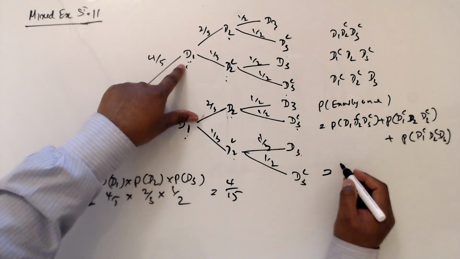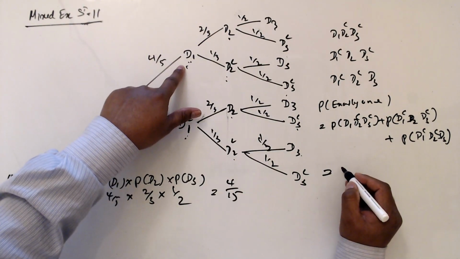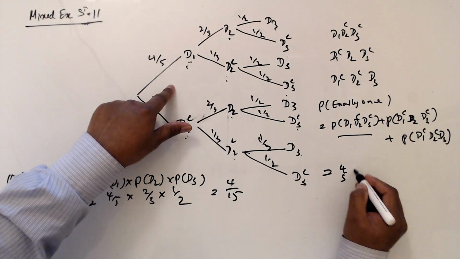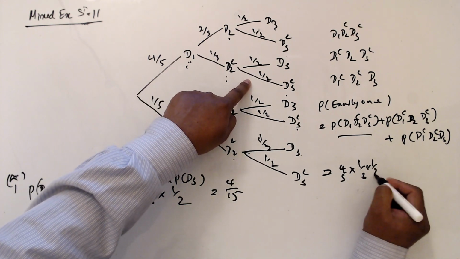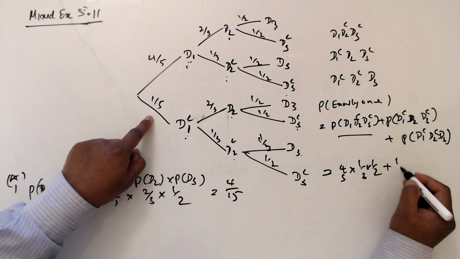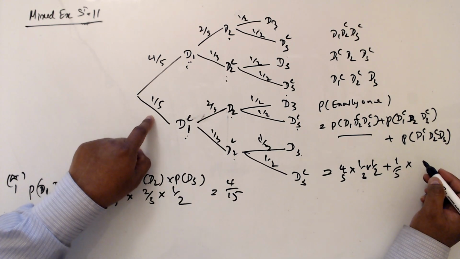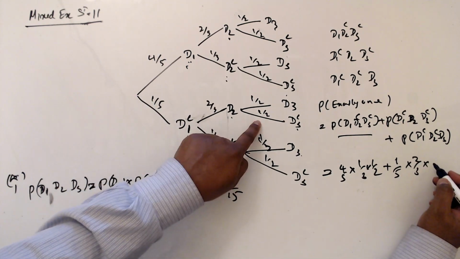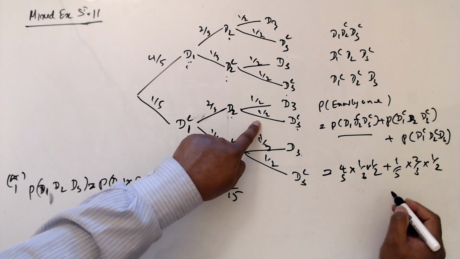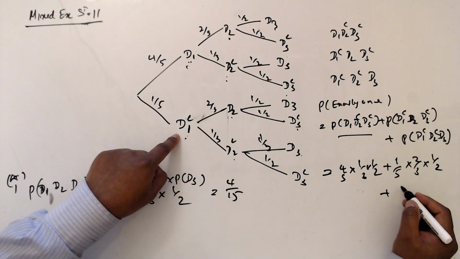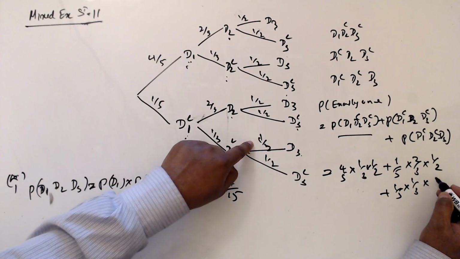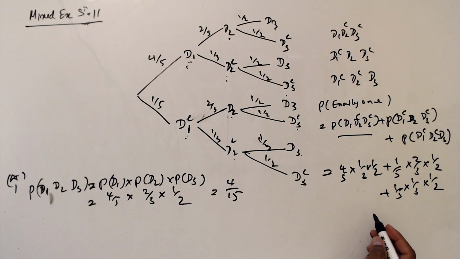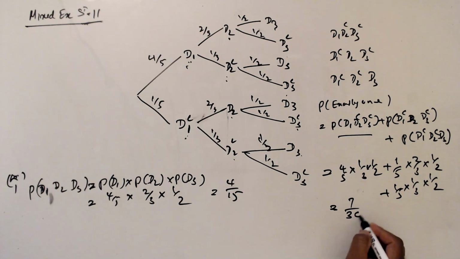This branch is going to be 4 over 5 multiplied by 1/3 multiplied by half, plus this one 1/5 multiplied by 2/3 multiplied by half, and plus this one 1/5 multiplied by 1/3 multiplied by half. So this is going to be 7 over 30.